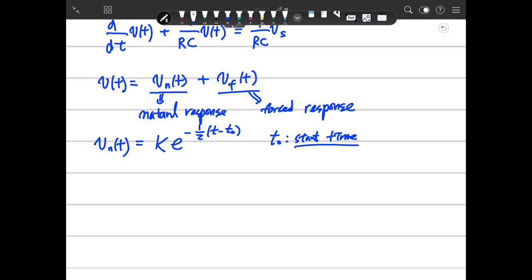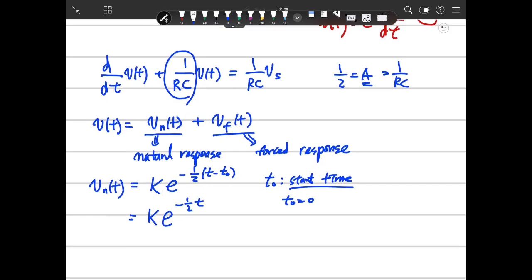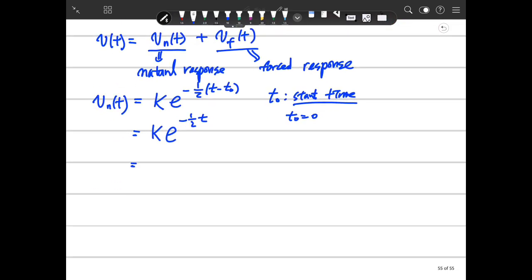So in this case, the switch is opened at T is 0. So in this case, T0 is 0. So there will be K exponential minus 1 over tau T. And from here, we get the 1 over tau is A. A is 1 over RC. So based on here, we get the K is minus RCT.